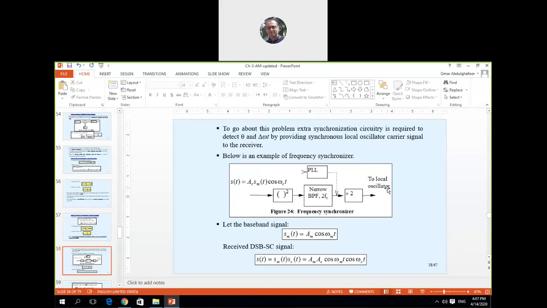If I multiply the modulating signal by the local oscillator, which should generate cosine omega c t, but with a phase distortion I instead have cosine plus some phase, the phase locked loop must remove this before the local oscillator, to be ready to receive the modulating signal.